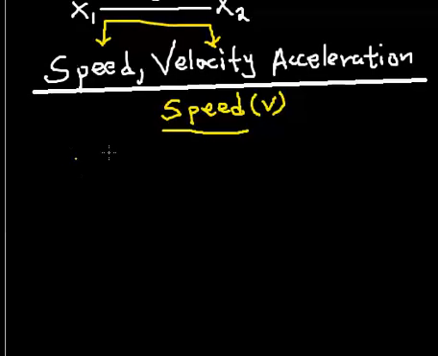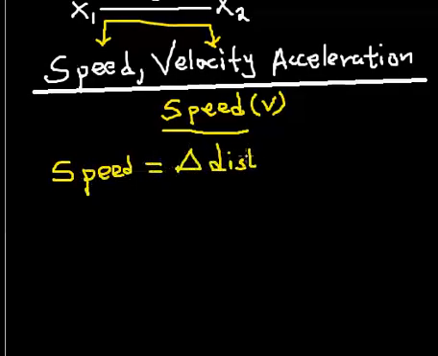In layman's terms, you can say that speed describes how fast an object is. But physics describes speed as the change in distance with time.